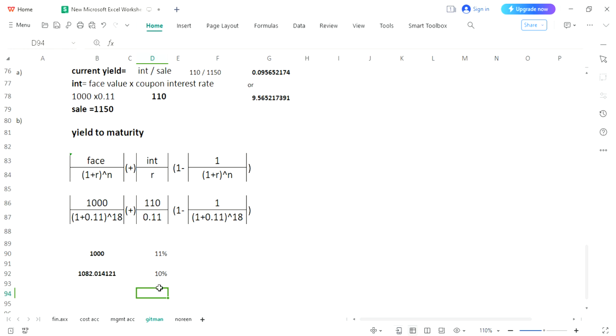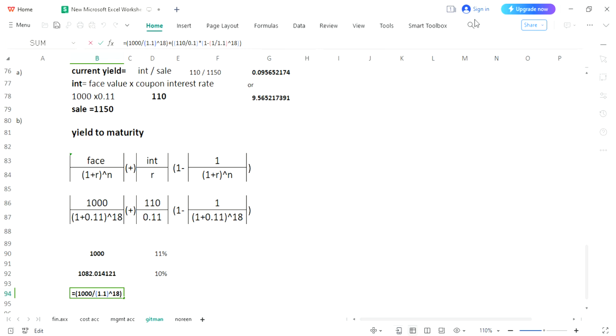For that, you will have to decrease the rate of interest more. So let's take this answer and decrease the rate again. Instead of 10%, we can put 9% first and then change it if needed.